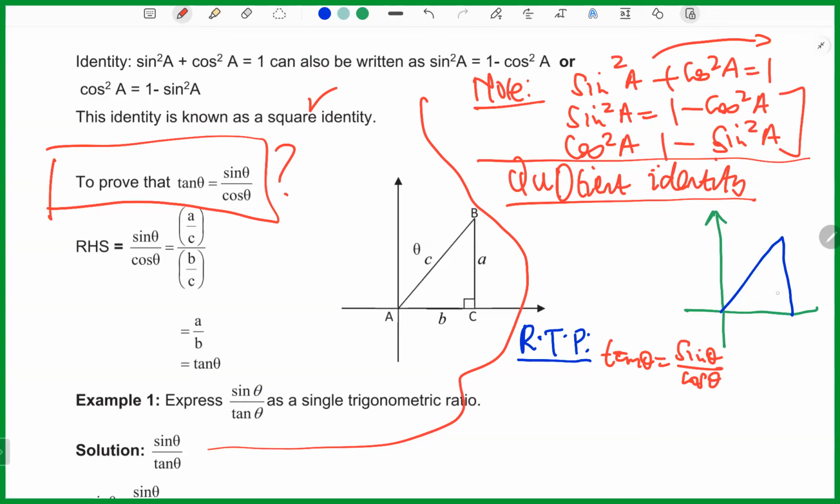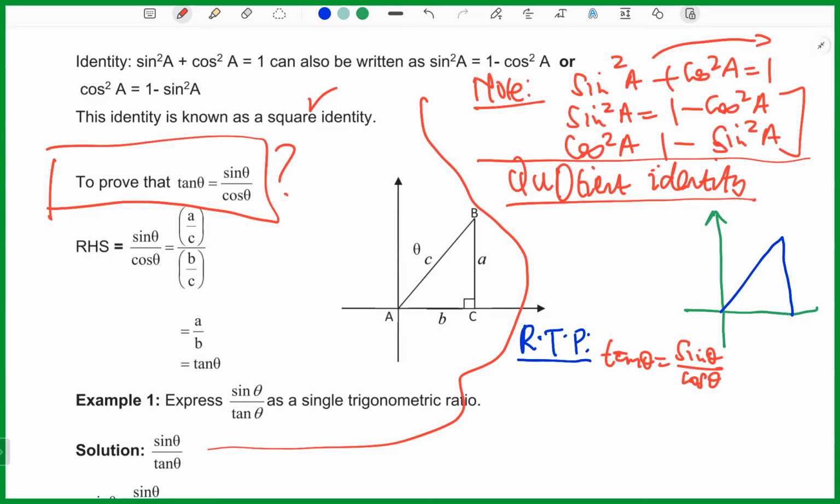With that said, we shall be able to prove this very successfully. So we continue along those lines.